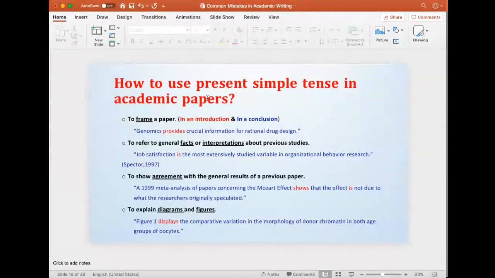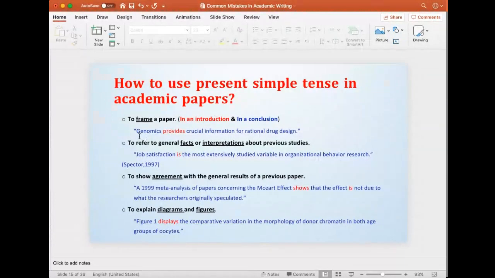When we write an academic research or an article, okay, there are certain uses of the present simple. So the first one is to frame a paper, to do the layout of the paper, such as in an introduction and in the conclusion part. So here we have to use the present simple tense.